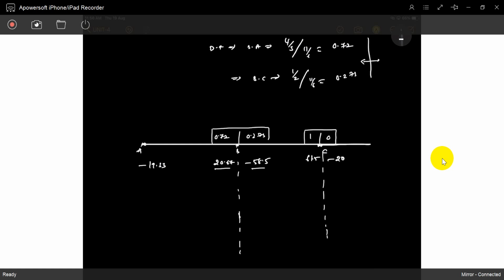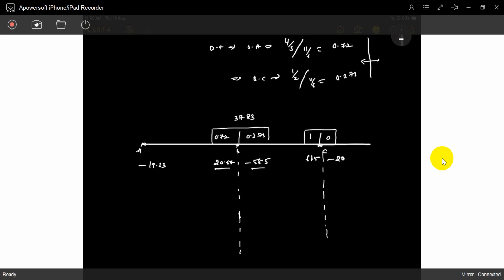So 58.5 minus 20.67 is 37.83 minus. So extra minus 37.83 is there, so we have to apply plus 37.83 at the joint.